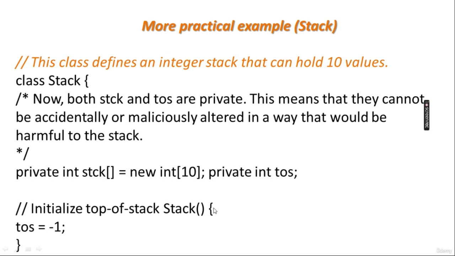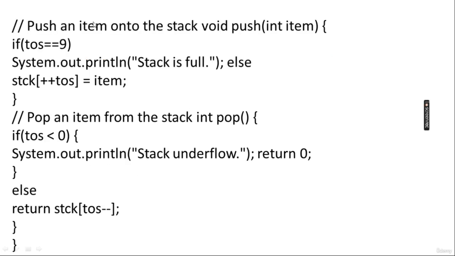If that stack would go into wrong hands, as we have seen in the previous slides, it may create a problem. So we do not need that problem. For that purpose, I declare it as private and private. Now initialize the top of stack as usual. Push the item onto the stack. Void push integer item. If the stack is full, report it; otherwise first increment the top of stack and then put the item onto the stack.